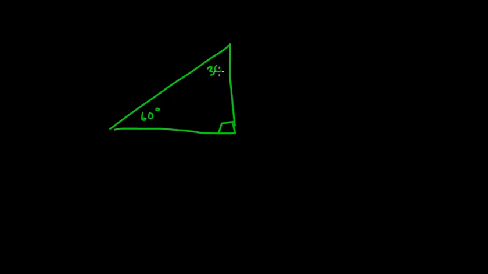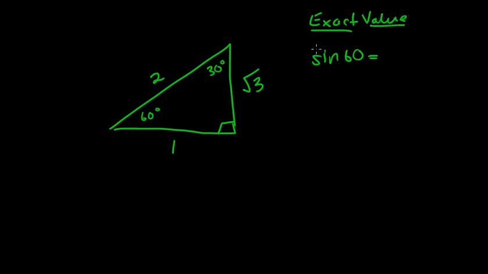Remember, we did that little triangle, and we had 60 degrees, 30 degrees, which is good for your trigonometry revision, which we said had a side of 2 centimeters, half of 2 made 1 centimeter, and then 2 squared, which is 4, minus 1 squared, which is 1, gives root 3.